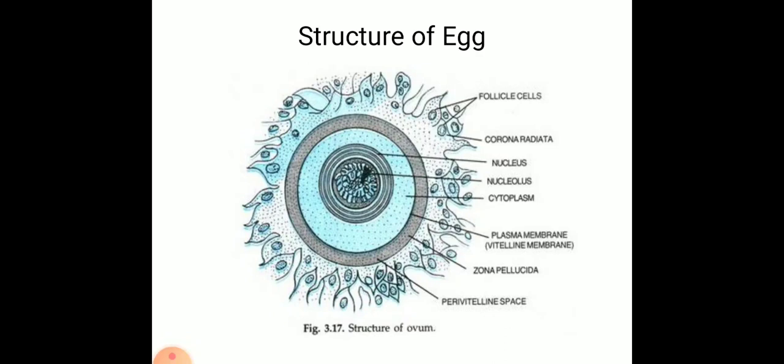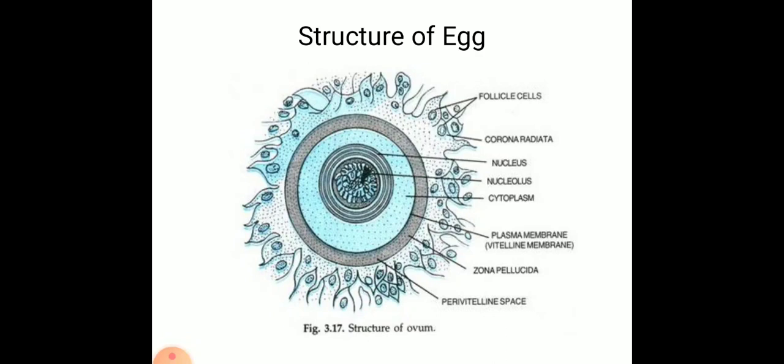These are the layers, the egg membranes. There are 3 egg membranes. The outer one is the corona radiata, the middle one is the zona pellucida, and the inner one is the plasma membrane. These are the 3 membranes of the ovum.